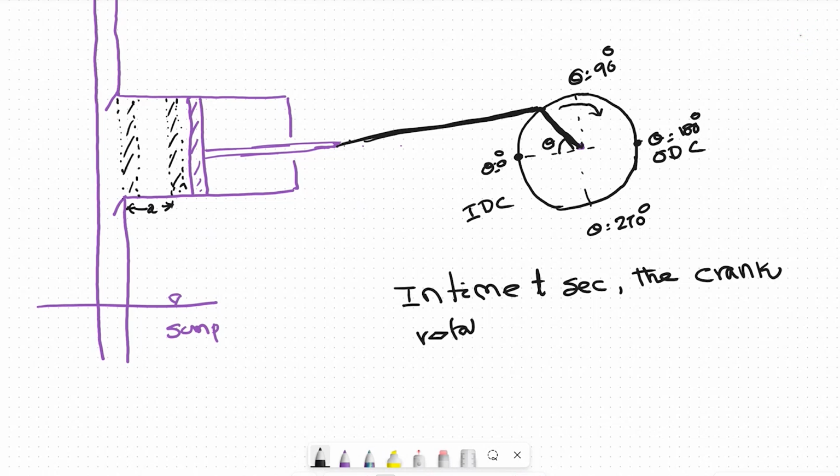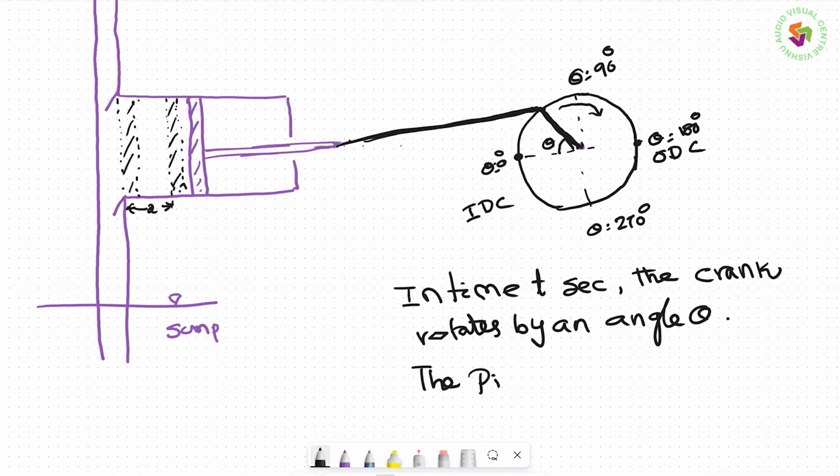So in time t seconds, the crank rotates by an angle theta. Right? The piston moves by a distance.